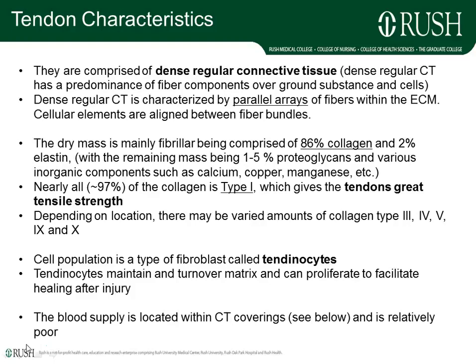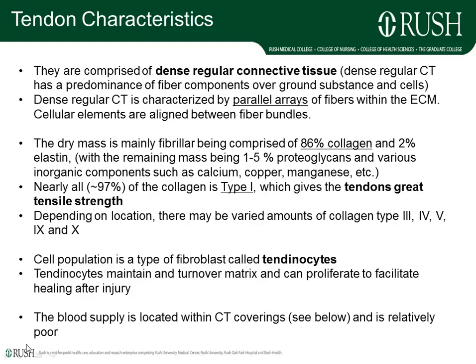In tendons, the dry mass is mainly fibrillar, being about 86% collagen with a small amount of elastin and a little bit of proteoglycans and various inorganic compounds as listed here. Nearly all of the collagen is type 1, and that means tendons have a lot of tensile strength. Remember, type 1 is the one that you see in things like organ capsules, bone, dermis of the skin.